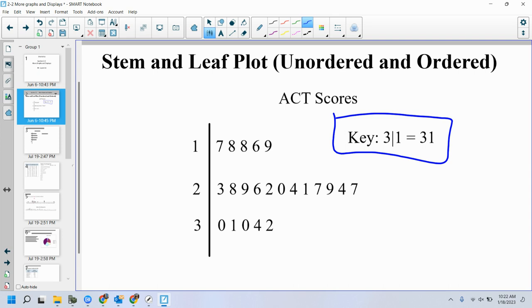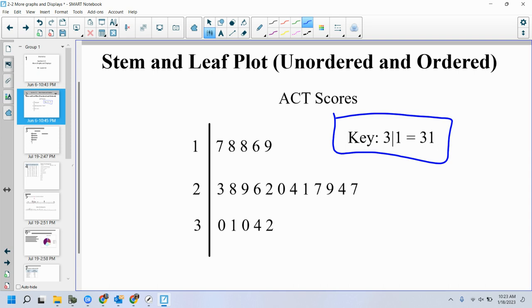Because, I don't know, maybe 1.7 could represent 1.7. Wait, that's a bad ACT score. But maybe 1.7 could represent one. If I didn't know anything about an ACT score, I didn't know what the parameters were, I mean, we can understand that it's 17. But we don't know. Maybe 1.7 is 1.7. So it's always good to write a key out.